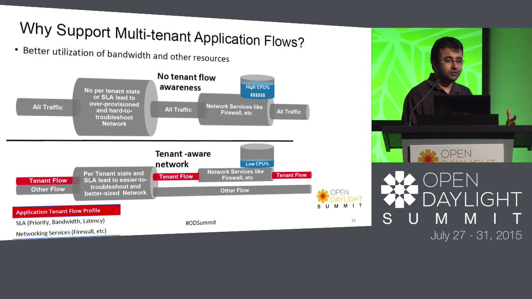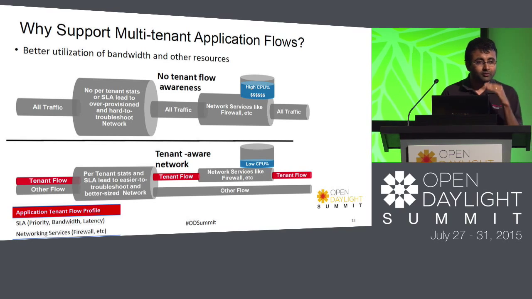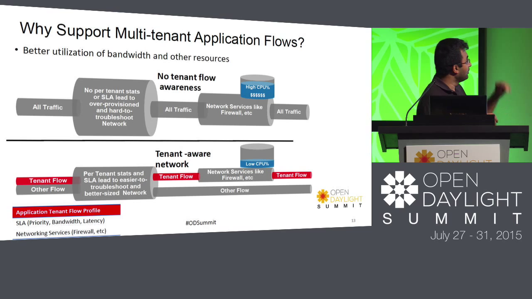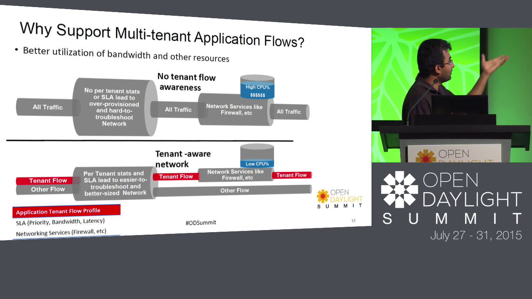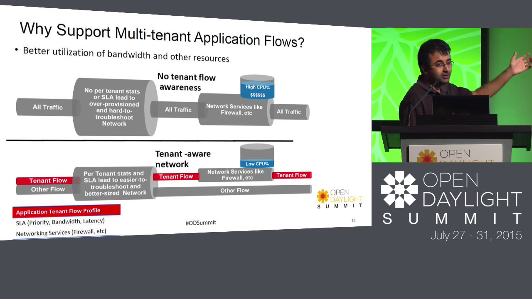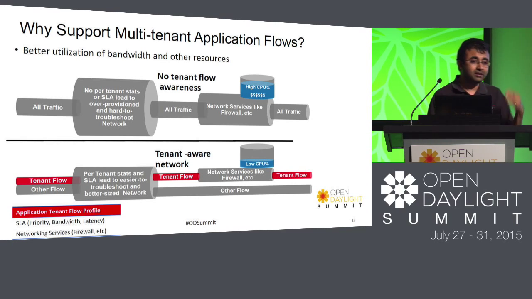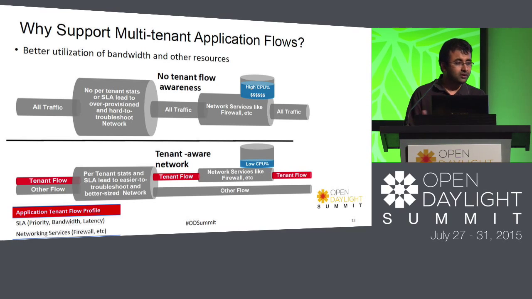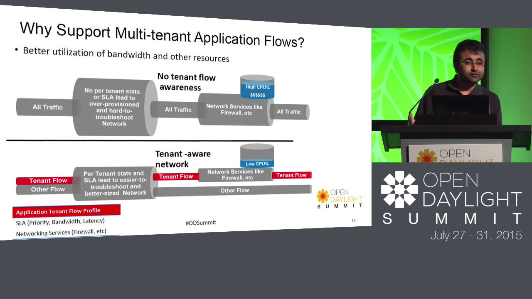Since you don't have insights into per tenant flow, it's very hard to troubleshoot the network because you don't have any idea about the existence of tenant flows. And then you also end up over-provisioning your network because you want all the traffic to go through all the network services like the firewall and things of that kind, which also increases the CPU utilization on the host, because all the traffic is subjected to all the services in the network because you don't know what tenant needs what services.